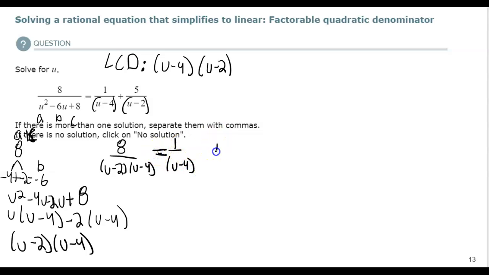We'll figure out what everyone's missing in a second. Okay, so my first factor at least needs a u minus 2. My next factor is missing the u minus 4. Remember, once our denominators are the same, we can cross off the denominators and solve for the numerators.